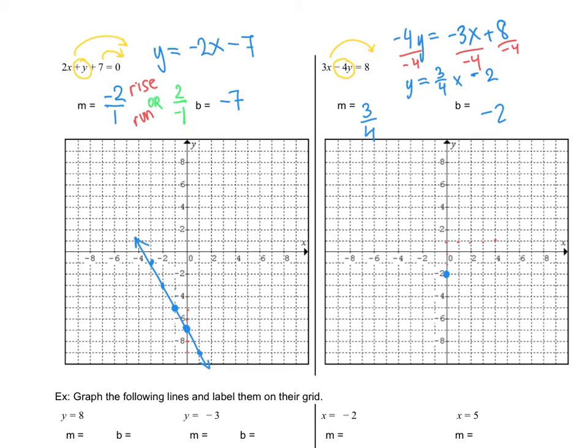And both of them are positive, so I'm going in the positive direction each time. 1, 2, 3, up, 1, 2, 3, 4 to the right. And if I wanted to practice going in the other direction, I could go instead of up, down, instead of right, left. And you'll know if you've done it correctly if the point is in the same direction and it follows the line, which it does. So that's what we should have there.